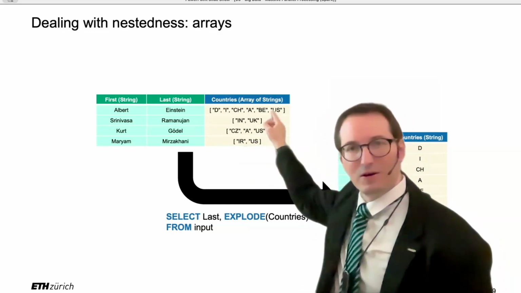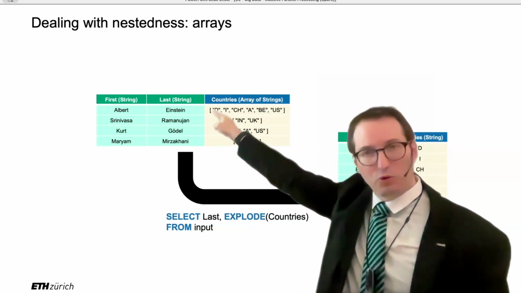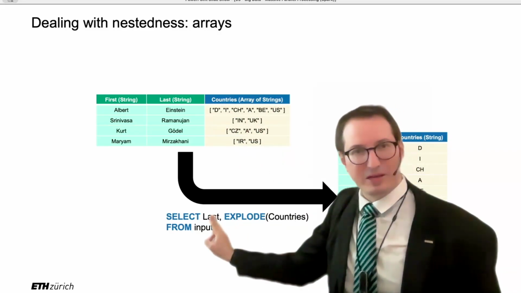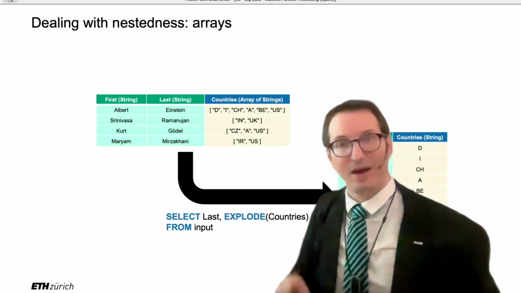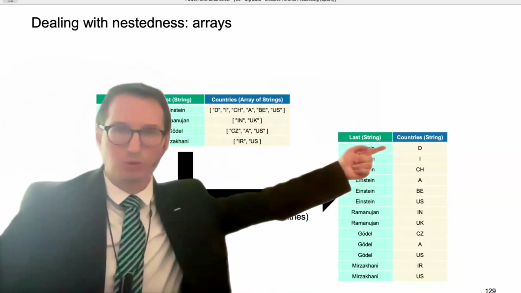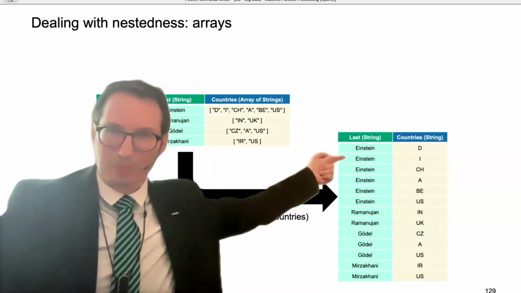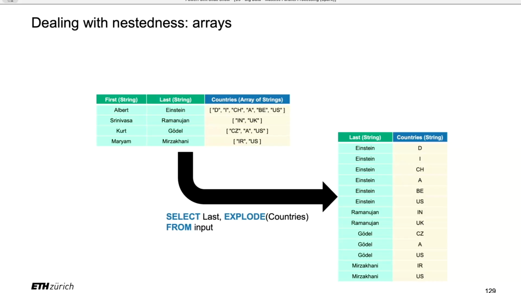Here it's nested structures. Well, what if you want to query these individual values? Well, you can say you select last, so this column right here, and explode countries is going to basically do this. You see, 1 on every row, and it duplicates the value in last. This is what the explode function does.